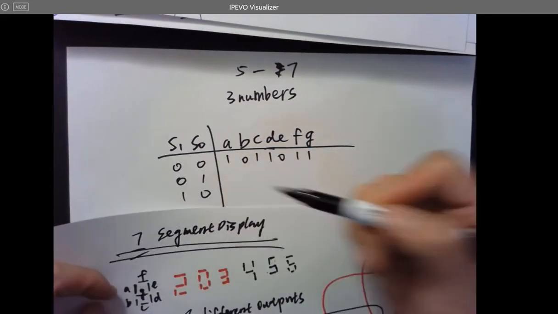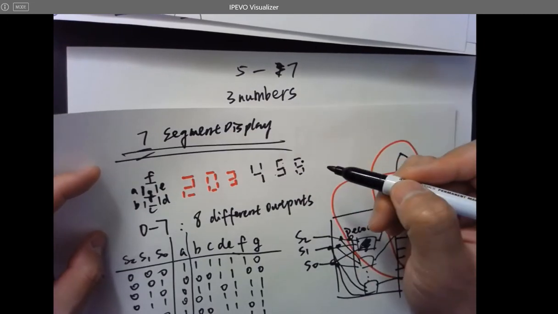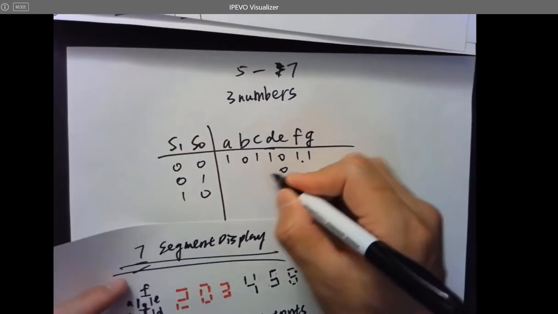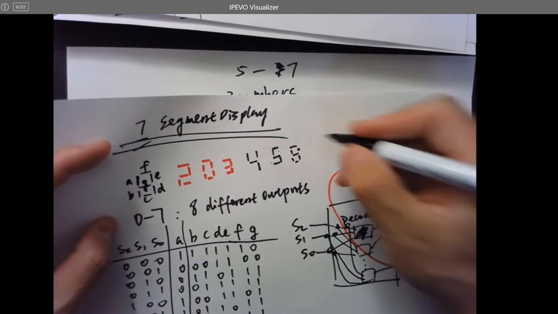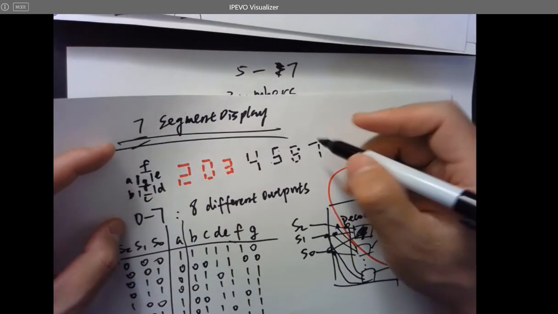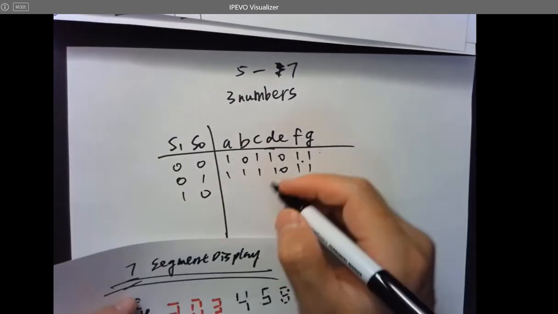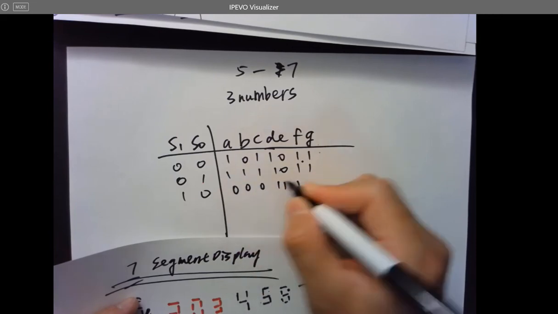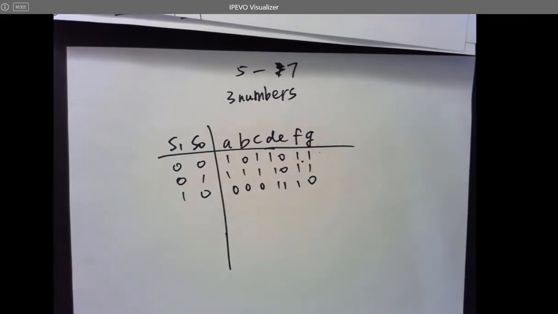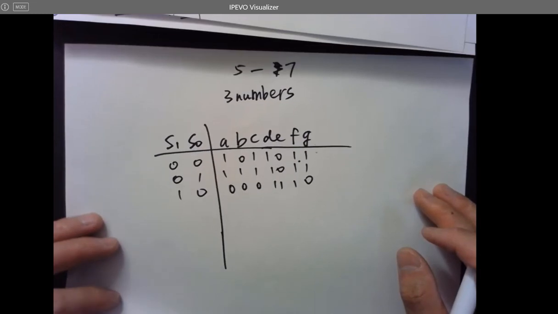For 6, only E is off. For 7, you only have F, E, D are on, but all the rest of them are zeros. Right? That's it. That's a truth table you need for this decoder.